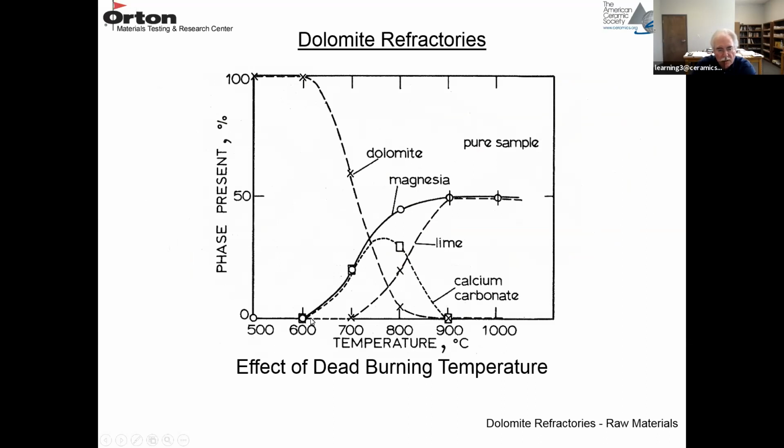The calcium carbonate is still stable to maybe 800 degrees C or so. So that concentration is increasing. And then when it starts to decompose, the calcium carbonate concentration decreases, and then the lime concentration increases as the carbonate concentration decreases. So you end up with a mixture of MgO and CaO, about a 1-to-1 ratio.